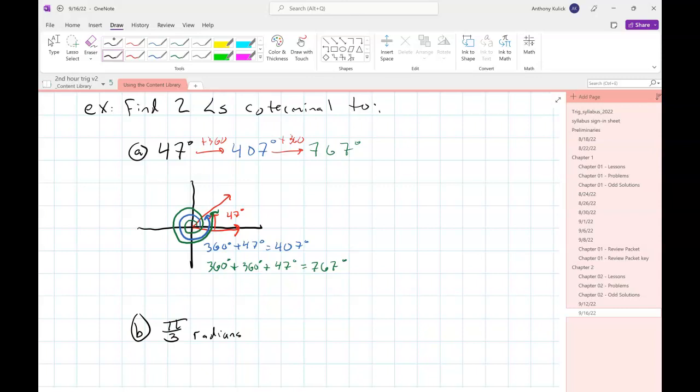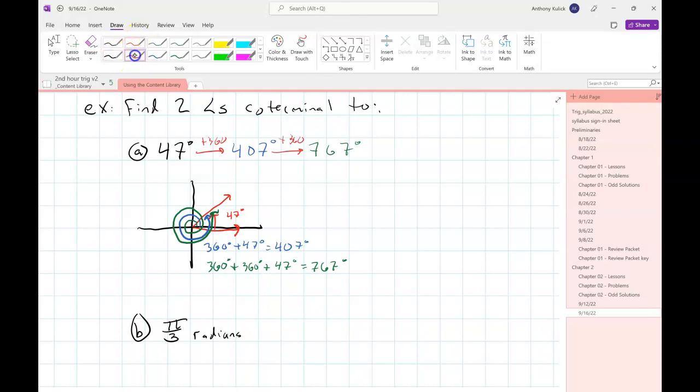Just before, when we did the homework problems, how many radians was 360 degrees the same as? 2 pi. You remember that? So guess what? Instead of adding 360, I'm going to be adding 2 pi.